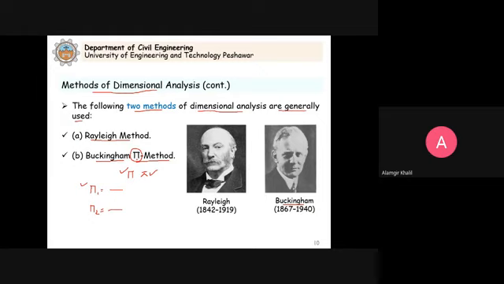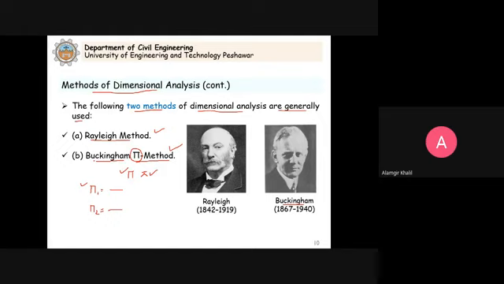So we will study both in detail. Now this method is extensively used, and I will explain the reasons for that. Commonly, the fluid mechanics books that we write today explain the Buckingham Pi method. We no longer focus on the Rayleigh method. Even though it is a very serviceable method, it has been superseded by the Buckingham Pi method.